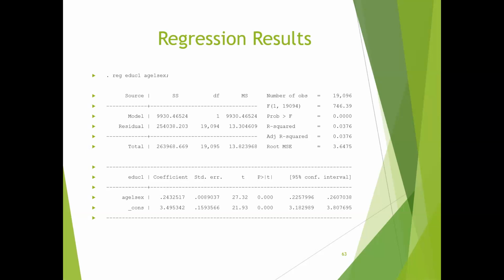In this output, _cons is equal to A. The constant is equivalent to A. It is the intercept. Another way of saying intercept is constant.